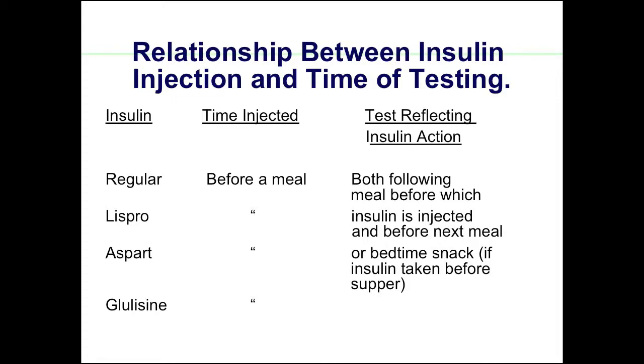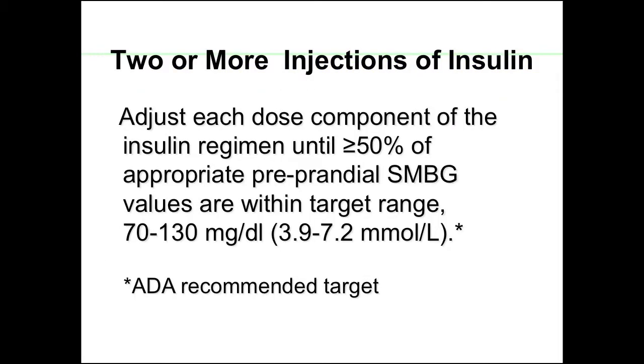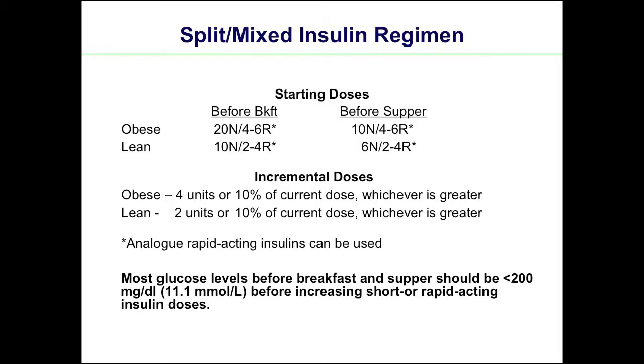And this is just the short-acting ones that act after the meal or before the next meal. And here, as I've just said, we adjust each dose until 50% of the appropriate preprandial or postprandial values are within target.